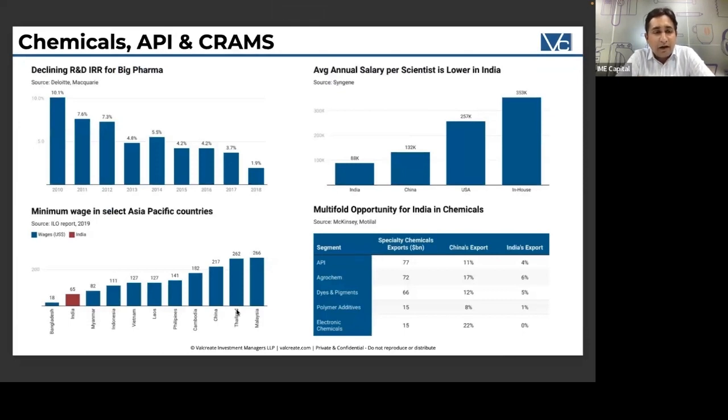Chemicals, API, and CRAMS, really, this is a larger play on the fact that China used to be extremely dominant in this particular space.